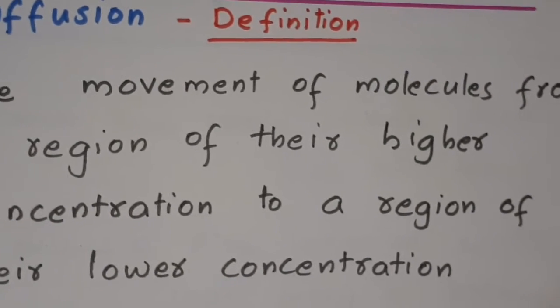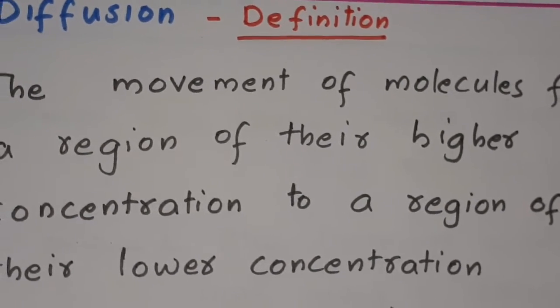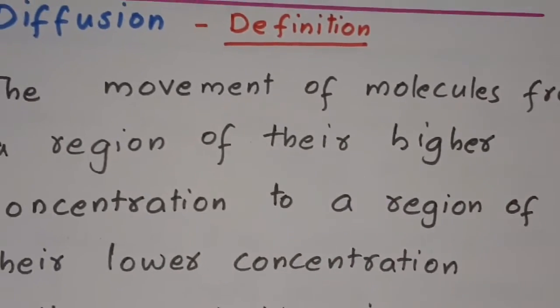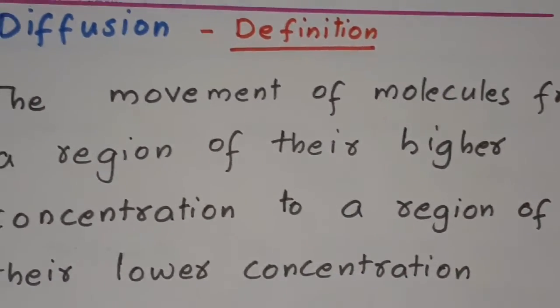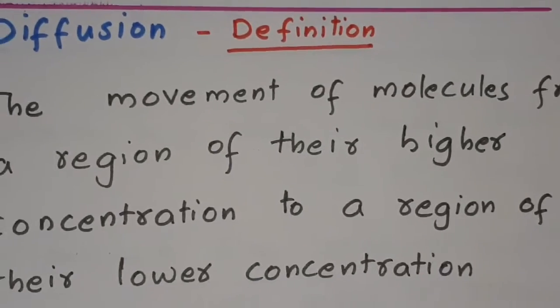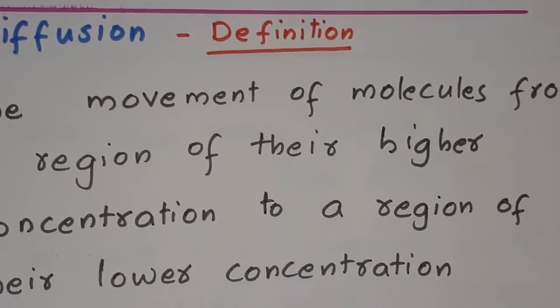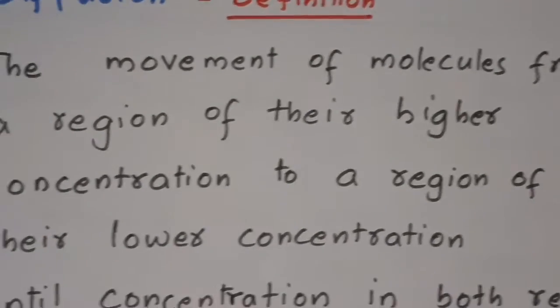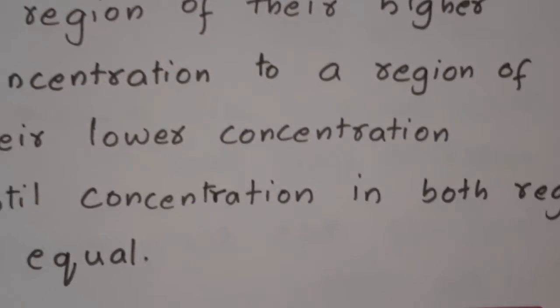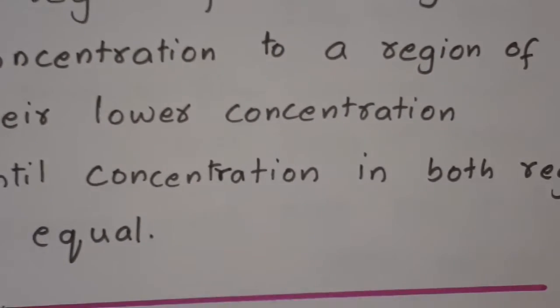Now first diffusion. First we'll see the definition of diffusion. The definition is the movement of molecules from a region of their higher concentration to a region of their lower concentration until the concentration in both the regions is equal.